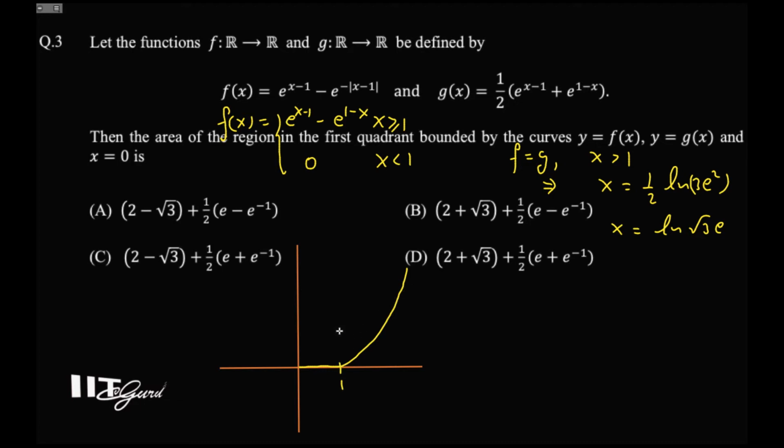Now about g(x) at x equal to 1. g(x) is of course positive, and if you differentiate, you will find g dash x becomes 0 at x equal to 1.